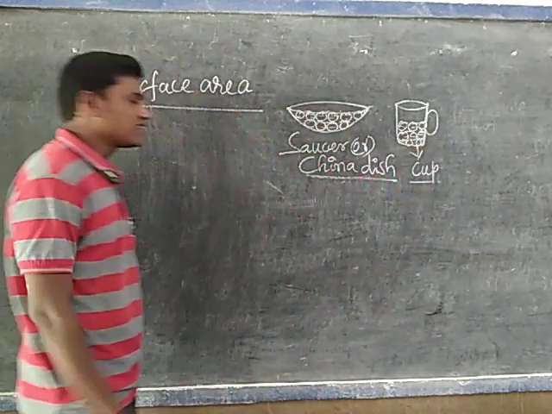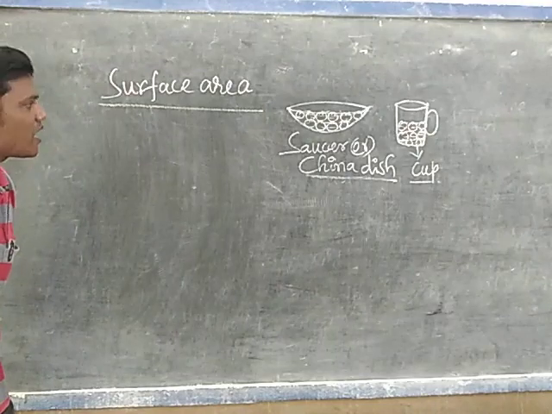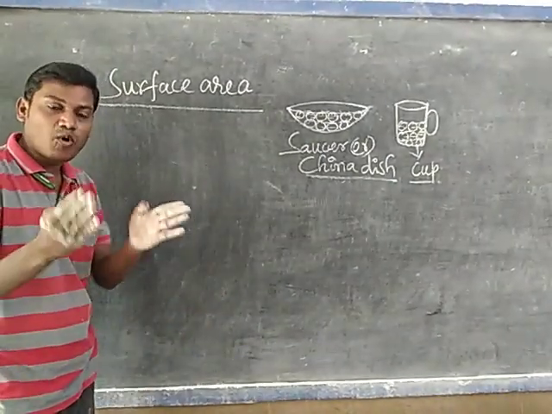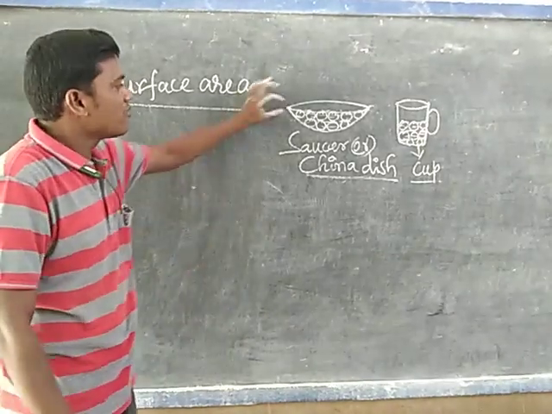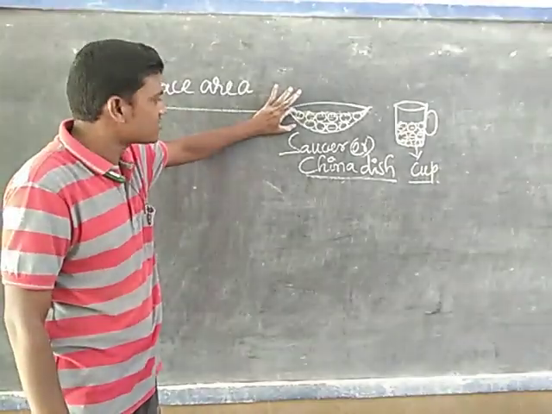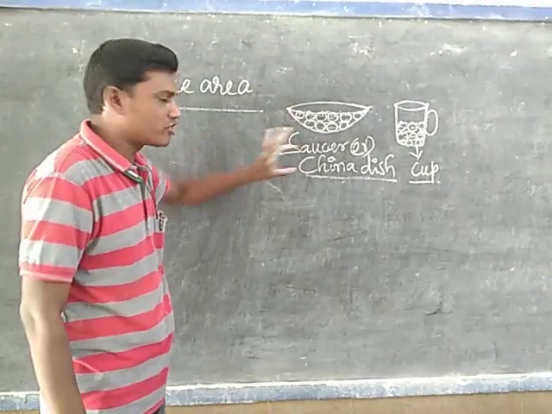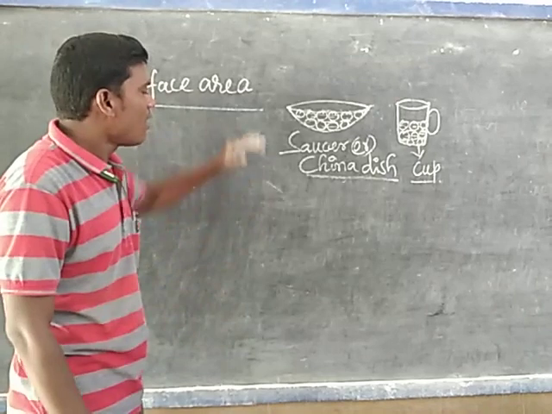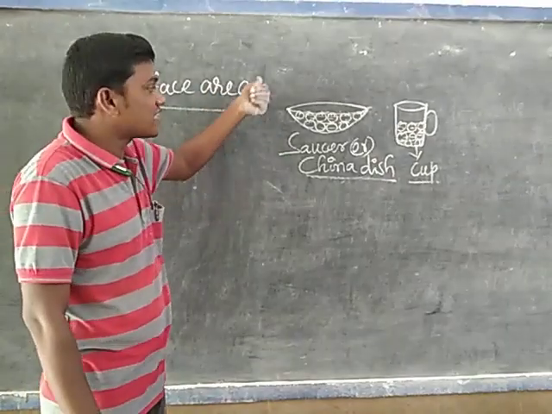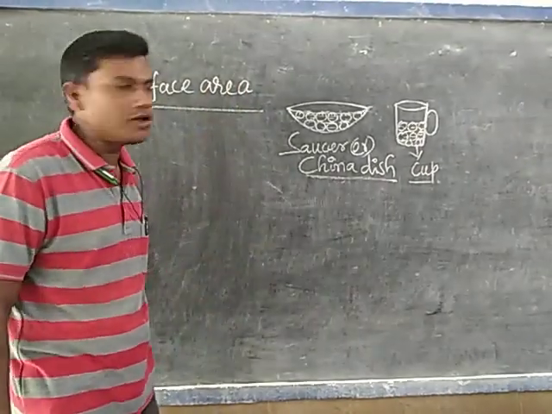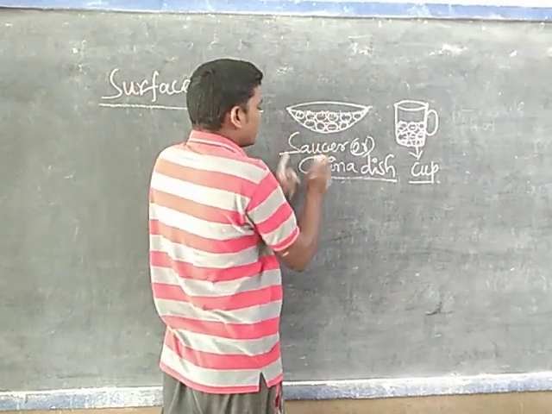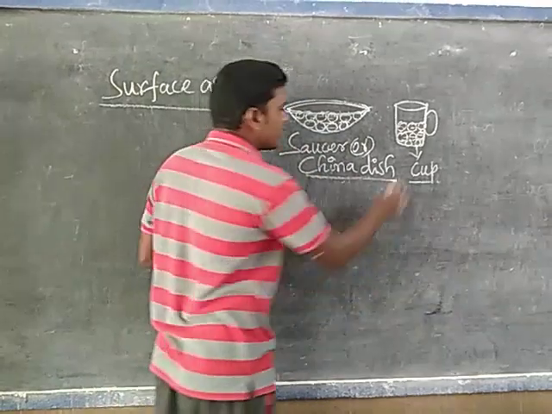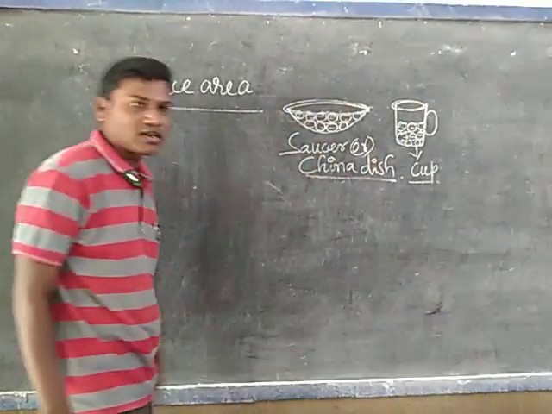What I say is that after some time, in our experiment, we observe that more liquid is evaporated from the larger surface area, that is the saucer or china dish, and less in the cup. As surface area increases, the rate of evaporation also increases. The saucer or china dish has a larger surface area than the cup. The cup has a smaller surface area.